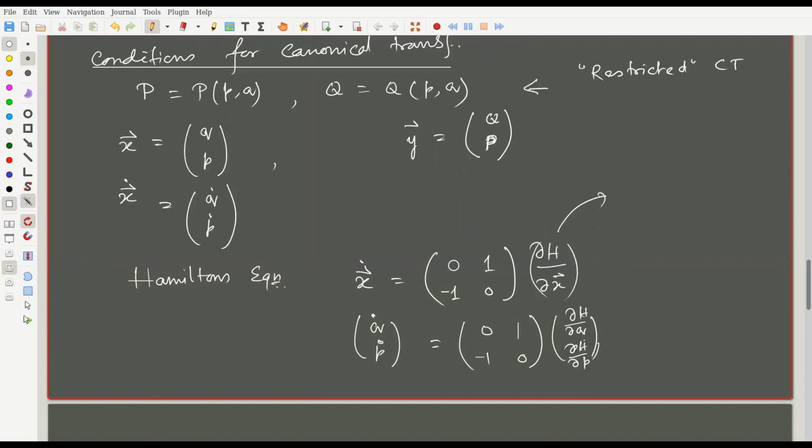So q dot equals del h del p, and p dot is minus del h del q.